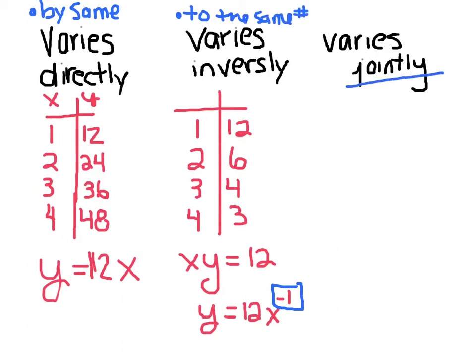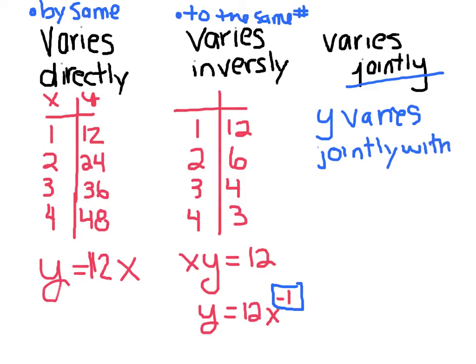Now, if I say jointly, I'm throwing like two different things into it. So if I say that y varies jointly with x and the square root of z, you would write y equals some constant times x times the square root of z.